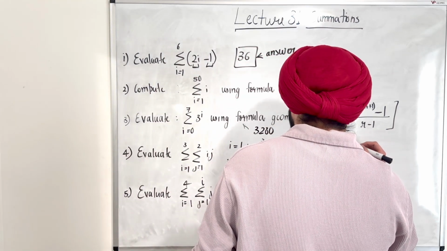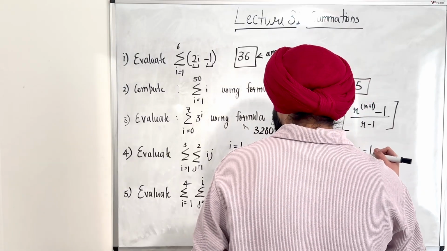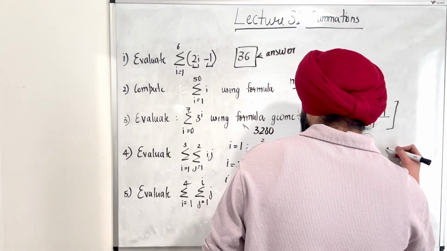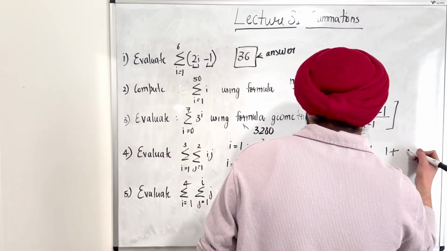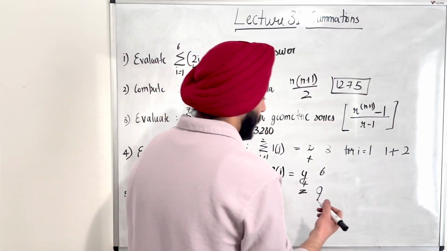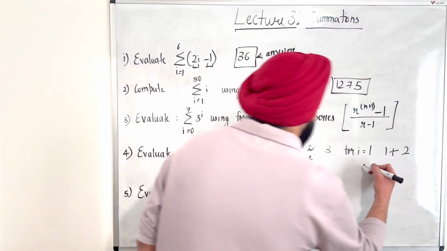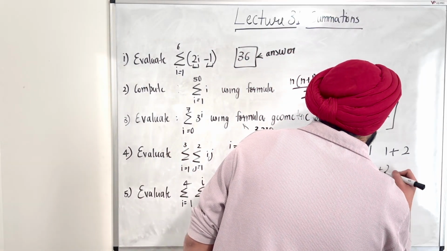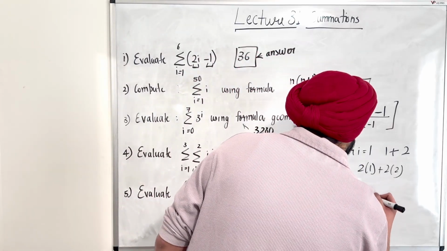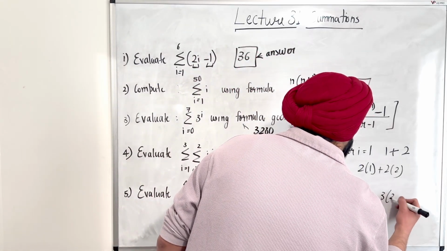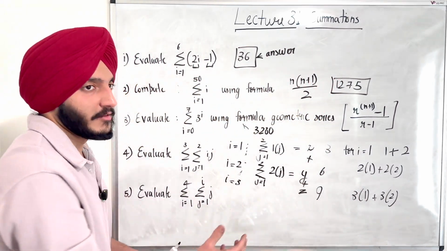So summation, you would have for i equal 1, you do 1 plus 2, and then for i equal 2 you do 2 times 1, 2 times 2, and then for the last one, you do 3 times 1 plus 3, which gives you pretty much 9, right? So I hope this pretty much makes sense.